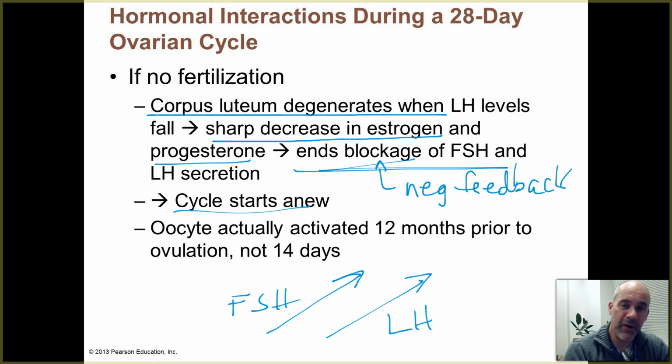Okay, now the timing here, when you're talking about this story, it kind of sounds like each month one little follicle goes from being a primordial to a primary to a secondary to a mature follicle, and that's not actually the case.